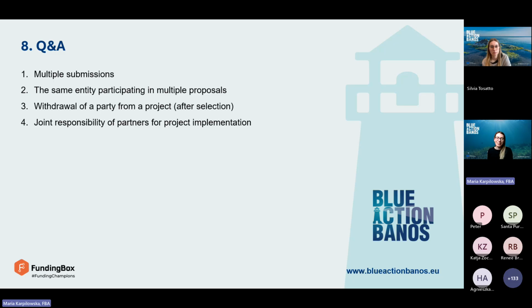That's why I really recommend looking at the list and thinking about what wording you can provide for your project that will fit one of those activities. Any activities which are not in the list will not be eligible for funding, and this is quite important to be aware of.